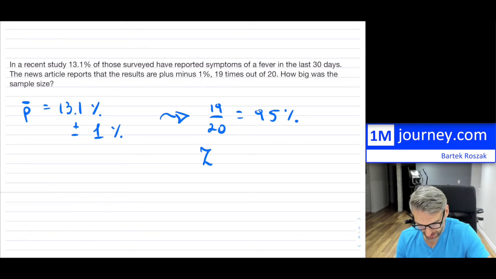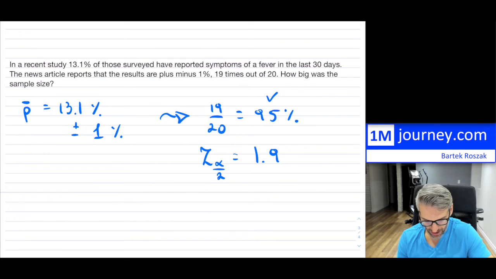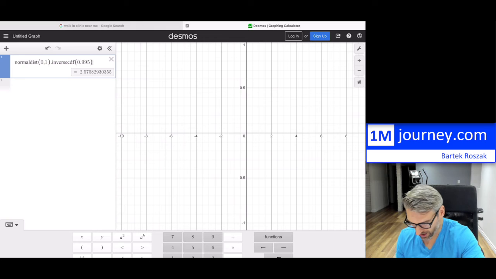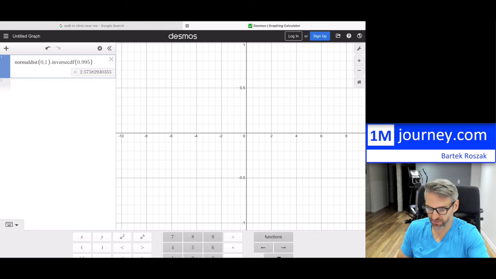And that would mean that the Z-score, so your threshold, for 95% is equal to 1.960. Typically this comes from tables, but if you're stuck, you can go back to decimals.